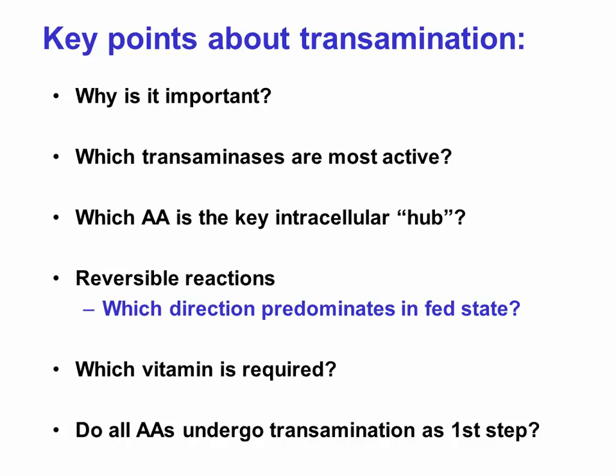They're constitutive types of reactions. They don't require energy, right? So when the substrate is high, they'll push it in one direction or the other. And in the fed state, you've got a lot of amino acids coming in. They're going to be making glutamate out of alpha-ketoglutarate because that's predominantly what is happening in the periportal hepatocytes.